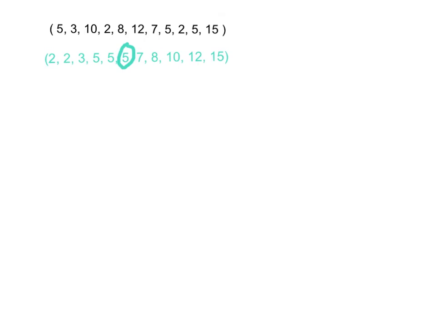And the lower extreme, which is 2, and the upper extreme, which is 15. And now we need to find Q1 and Q3, which is the median of the lower quartile and the median of the upper quartile. So if you've forgotten, the lower quartile is this section here, and the upper quartile is this section here.